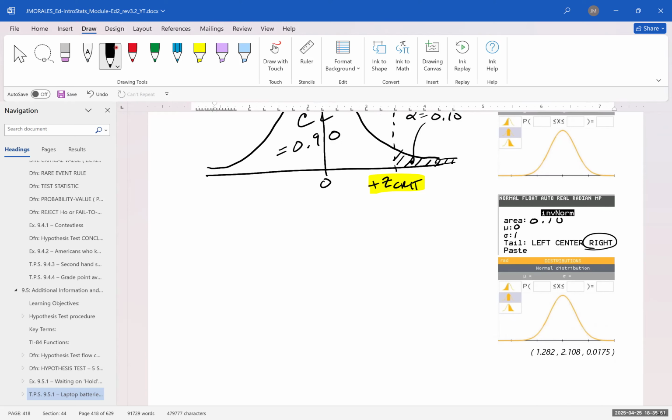On the NumWorks calculator, we'll use the distributions app, mean of 0, standard deviation of 1, area to the right, with an area of 0.10. That'll give us our Z critical value here at the bottom.